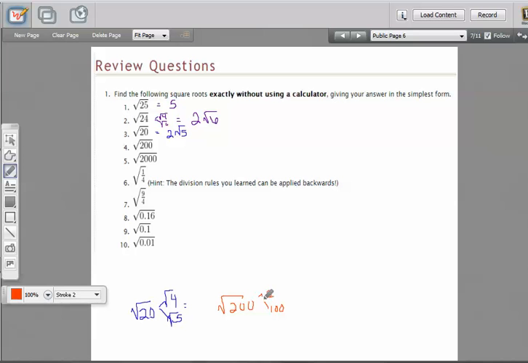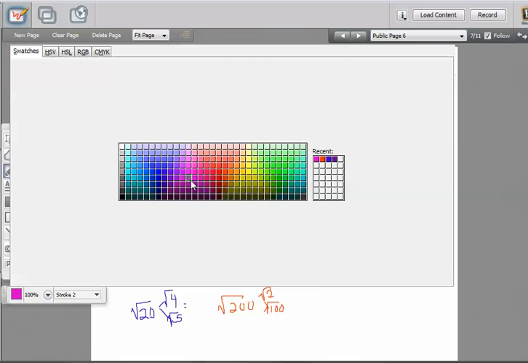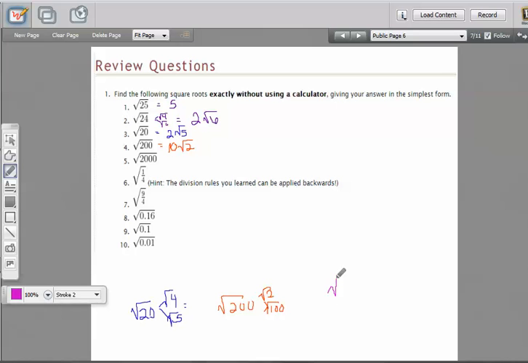And we know the square root of 100 is 10. So we have 10 times the square root of 2. Oops, that doesn't quite look like a 10, but that is a 10 in front of my square root of 2 there.